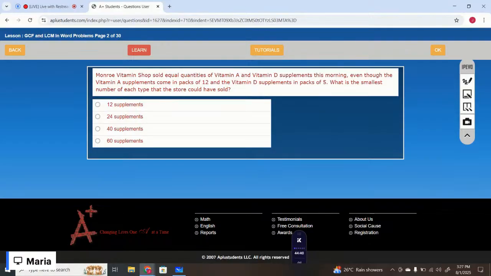So, which is the correct option? So, it is 60 supplements. Option number 4 is the correct option.